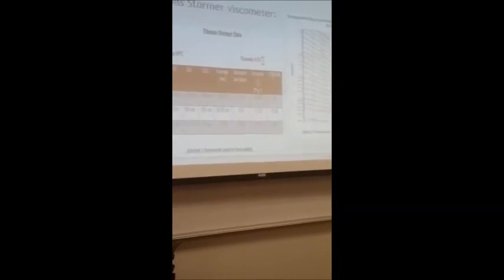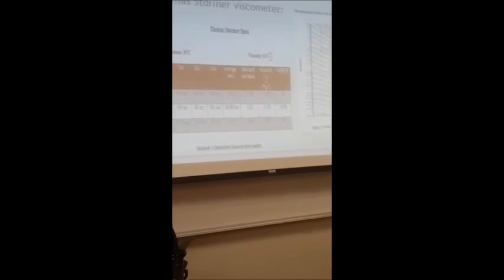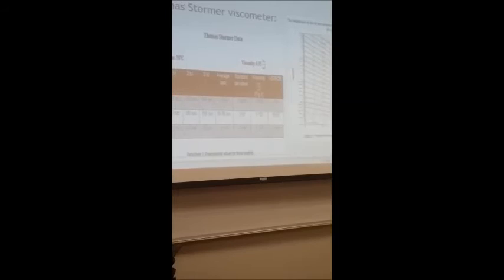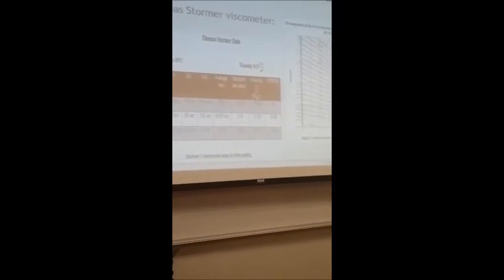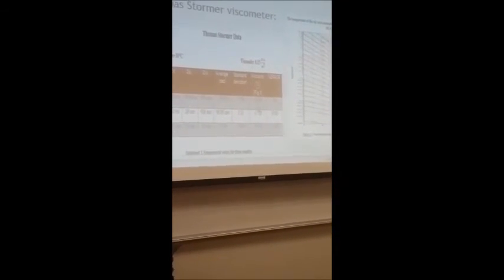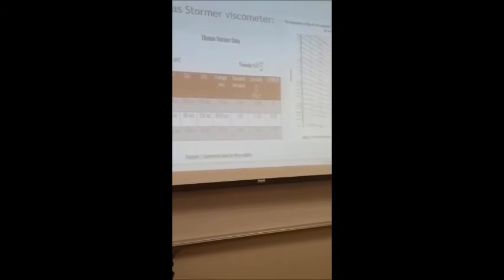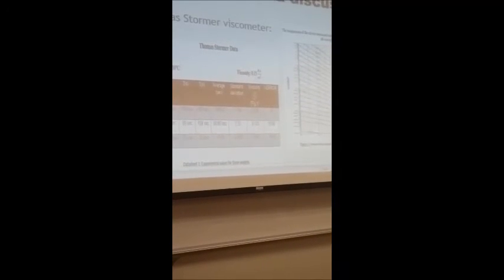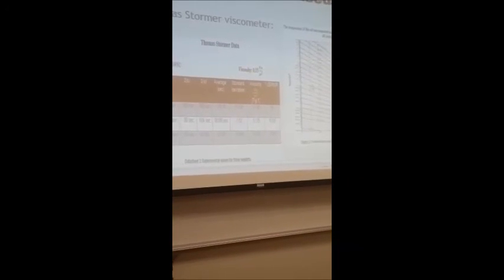The percentage error was 16 for the 25 gram, 16.66 for the 50 gram, and 19.33 for the 100 gram. When we averaged those viscosities, we found a value that was close to the viscosity measured using this graph. Based on those observations, we chose to assume that the Thomas-Stormer viscometer gave us accurate values.